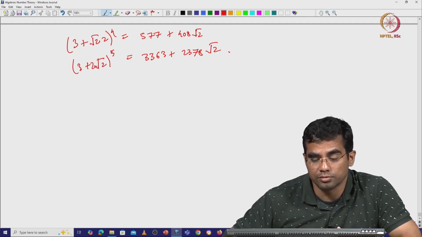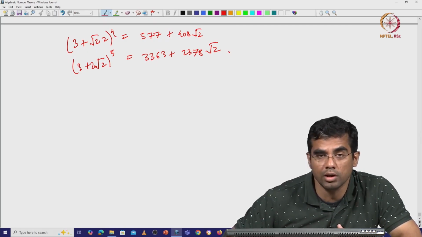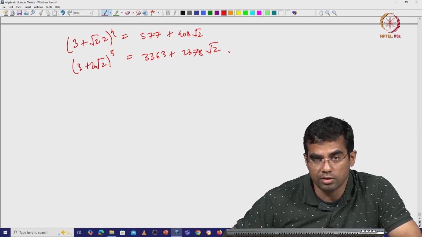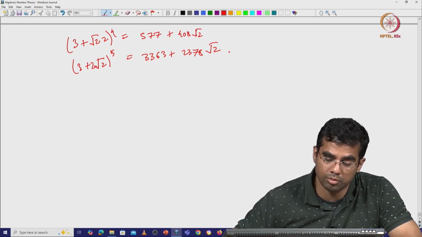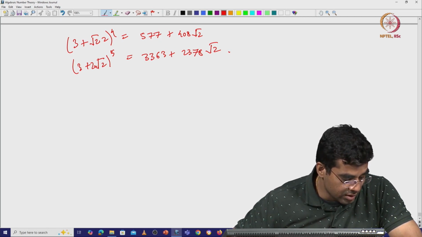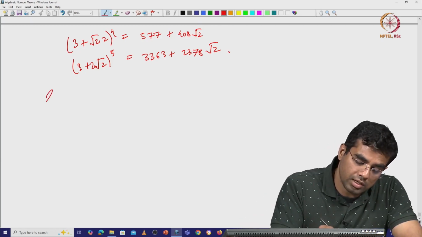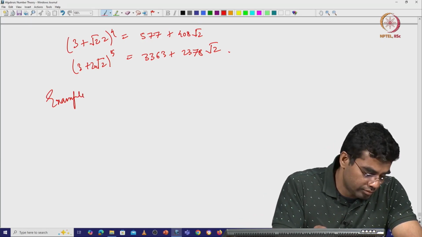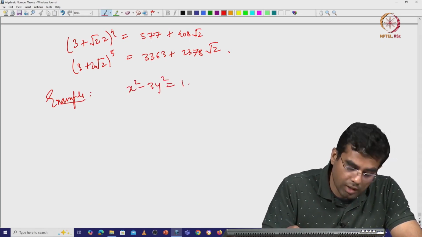So, you would not have found this just by pure inspection, and if you just went looking through all integers, that would be a very cumbersome process, where it would take a long time to reach 3000 and 2000. You would have to do many cases. Okay, we can look at another example. So, I want to solve x squared minus 3 y squared equals 1.